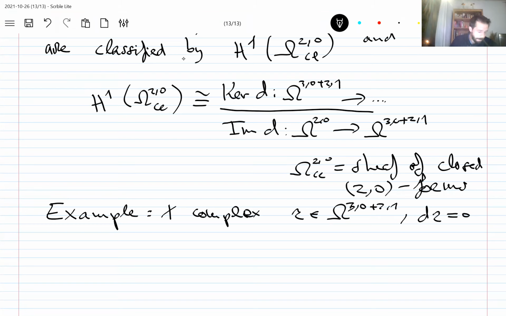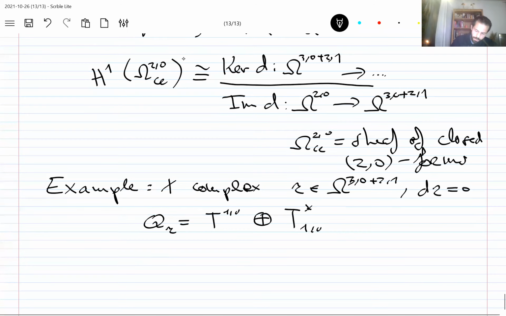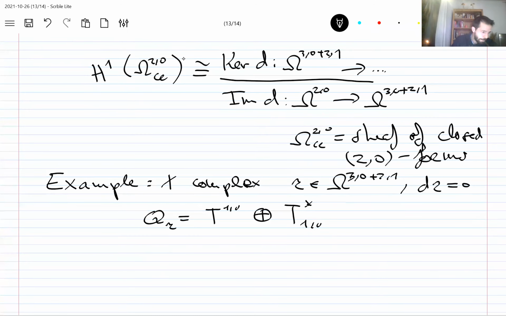You take Q tau to be just tangent 1-0 plus cotangent 1-0. You take then the Dolbeault operator, which defines the holomorphic structure, to be d bar of v plus c.